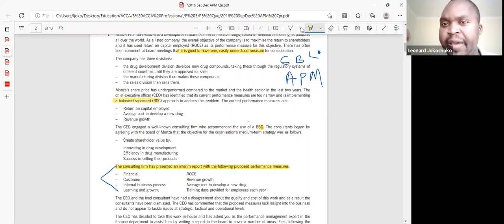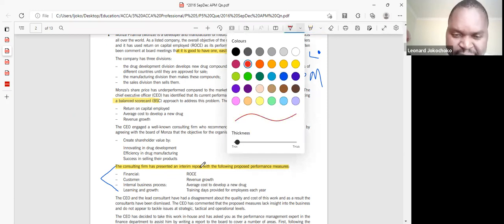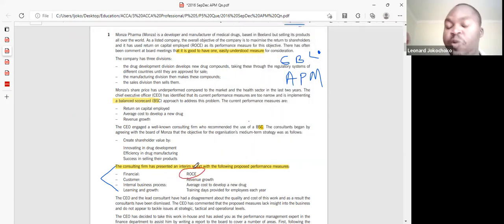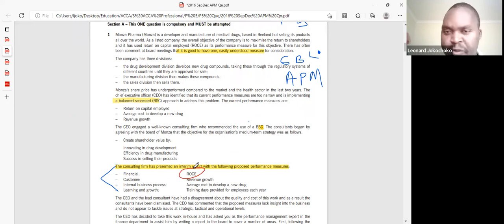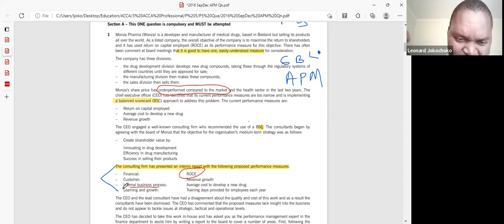When you're managing a business, you might find out that financially, it is with very good results. We will do so much good profits. In the question we're answering here, the company we're dealing with actually is with a very bad financial performance. However, having a bad financial performance might actually be a short-term thing, and you might find out that the company is doing so well in other areas.